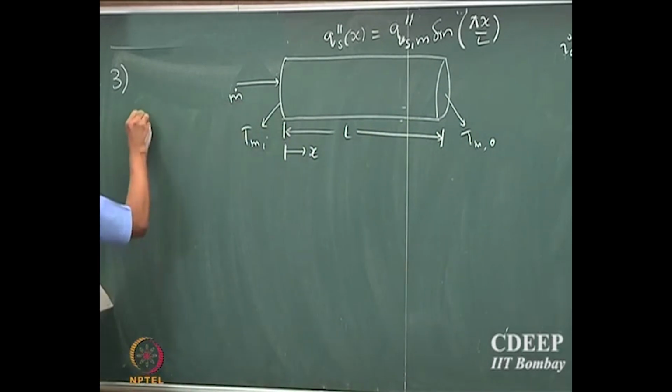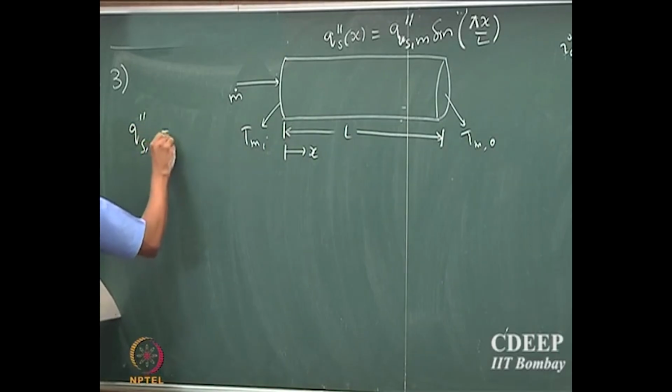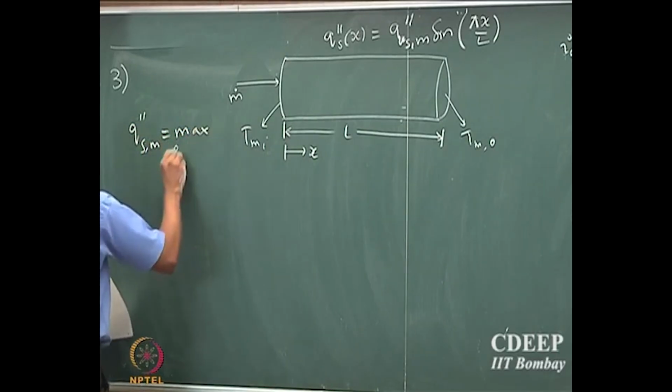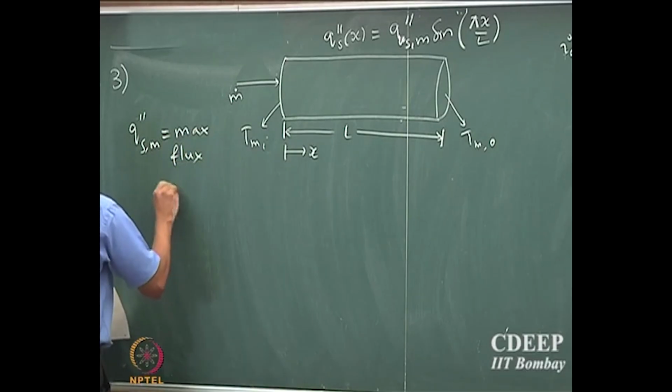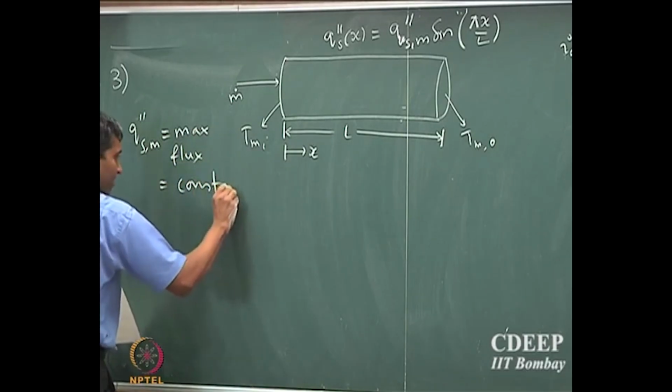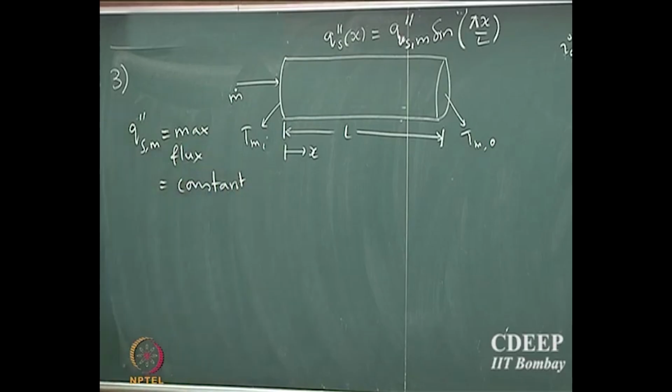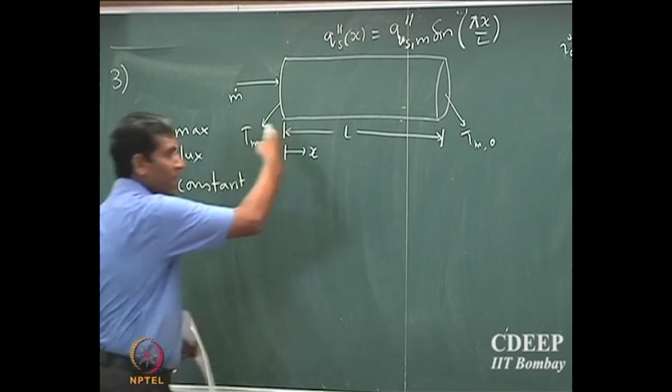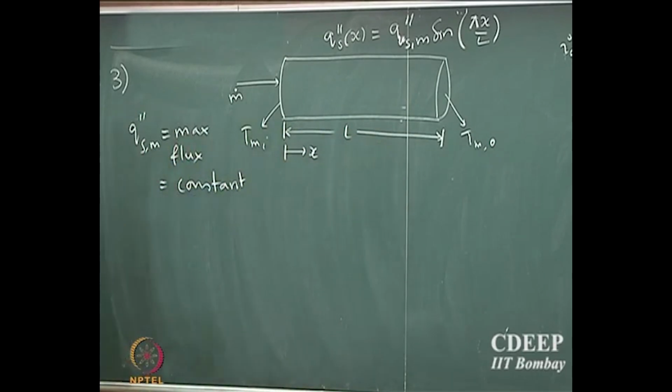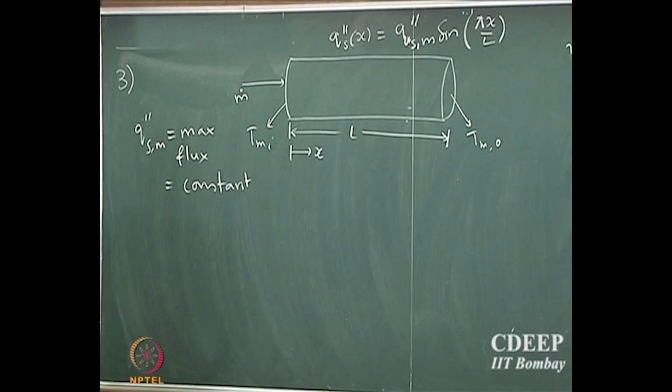And we assume that Qsm, which is the maximum flux, remains constant. We assume that the maximum flux is present somewhere in between, and so we have a known function for the flux.